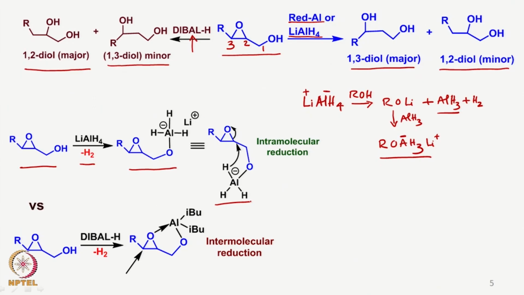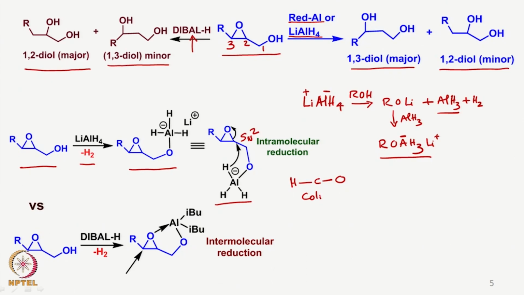Now we can see that the reduction of the carbon-oxygen bond of the epoxide occurs in such a fashion that the hydrogen from this part of the reducing end attacks the carbon atom of the epoxide, where we have an SN2 type of reaction. That means the hydrogen, carbon and oxygen of this species should be sort of collinear.